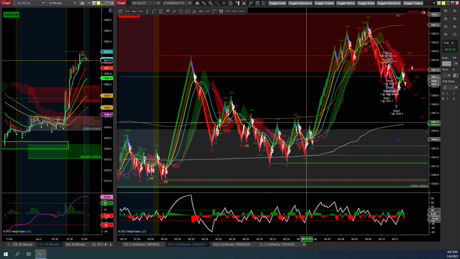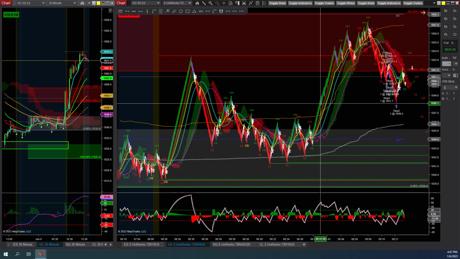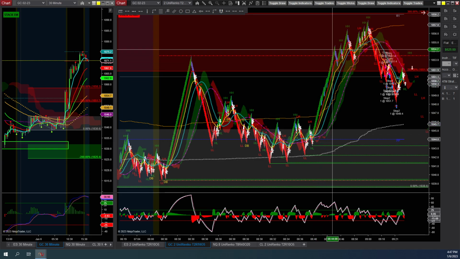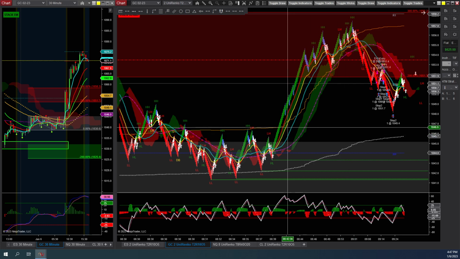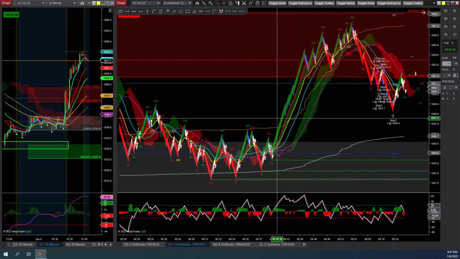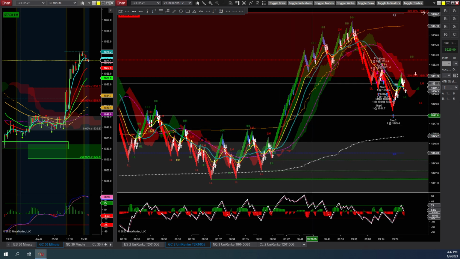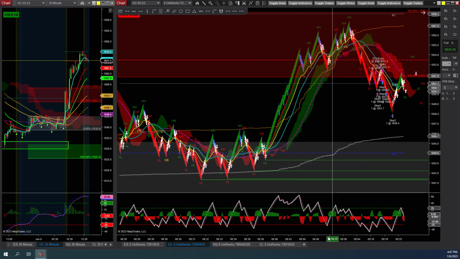Then the market stabilized and made the first move here at 8:40, moving to the upside. I was again not in front of my computer, so I couldn't trade this one. I missed that move.